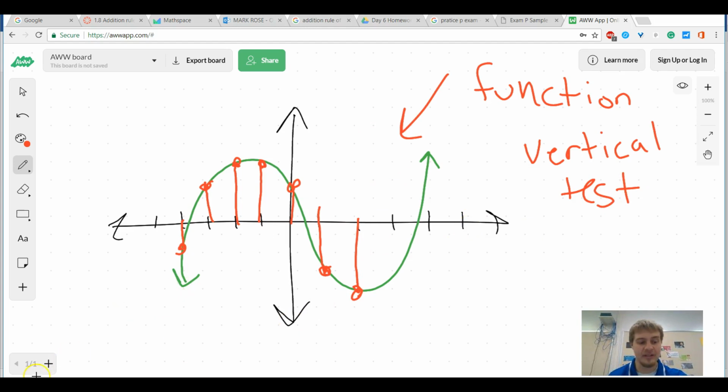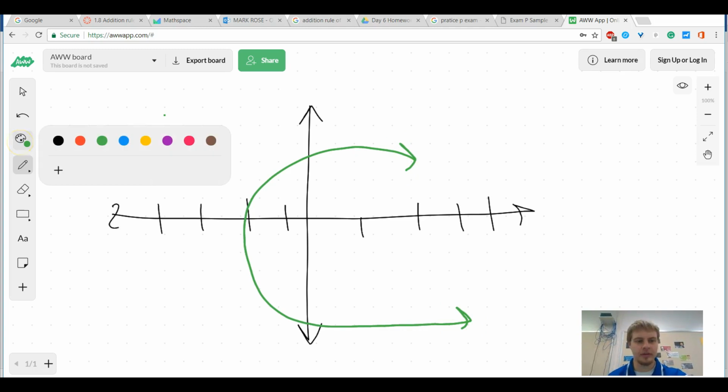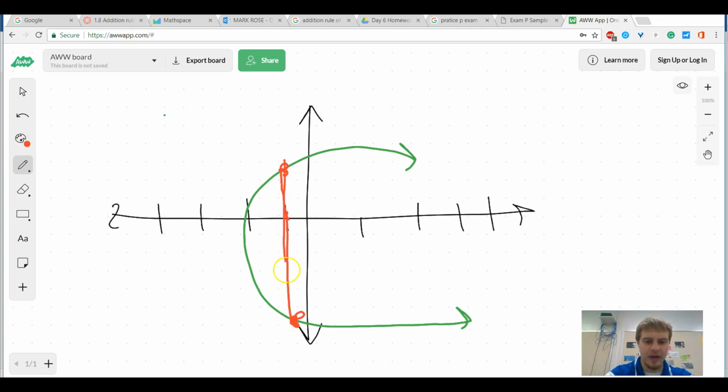Let's see something that isn't a function. So here we go. Let me draw something that might not be a function. We'll notice this thing will not be a function because if I go from here to here, I hit 1 point, but if I keep going, I'd hit 2. So this is bad because 1 x has 2 different y values.